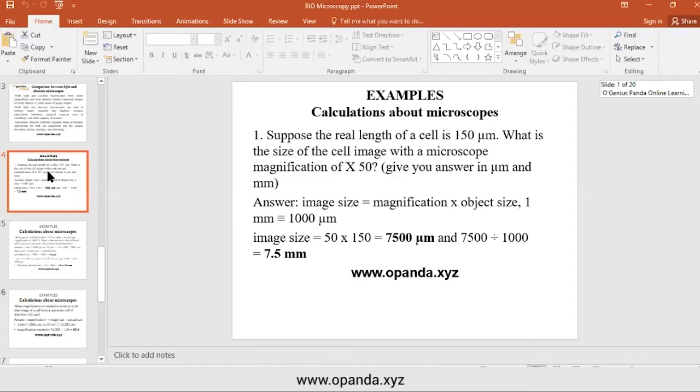Suppose that the length of a cell is 150 micrometers. What is the size of the cell image with a microscope magnification of 50 times? Give your answer in micrometers. I want you, at each example, to look at the question and the answer, and how the calculations are done, then make sure you understand the process.